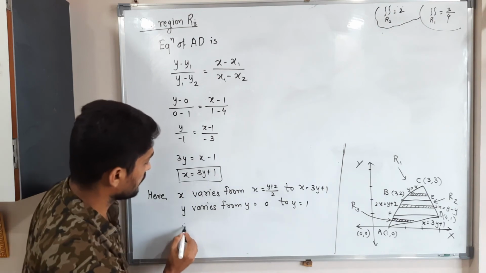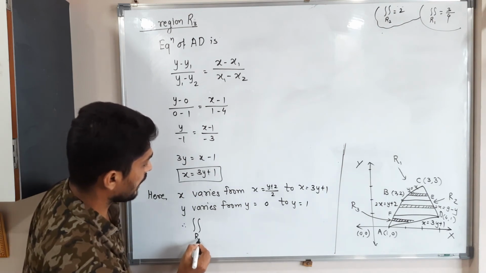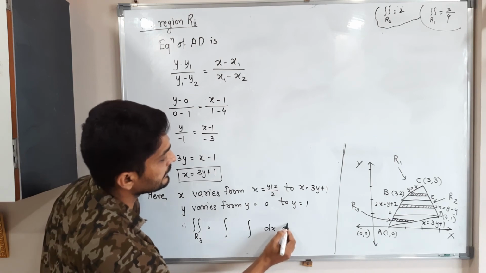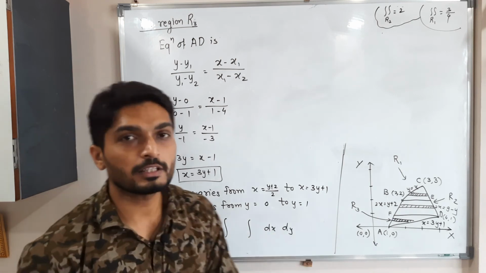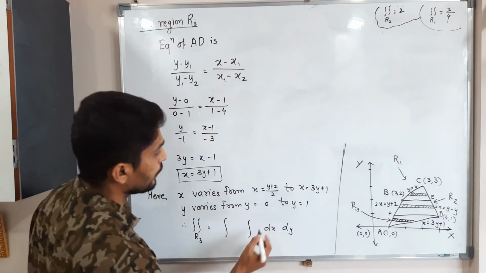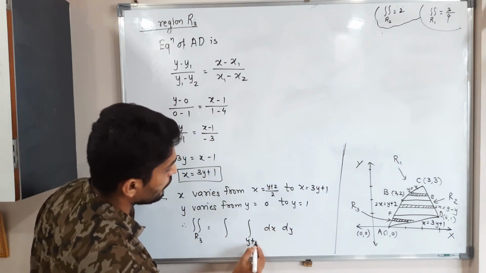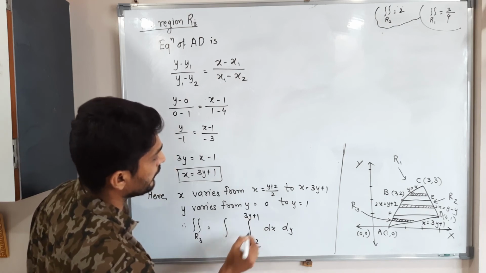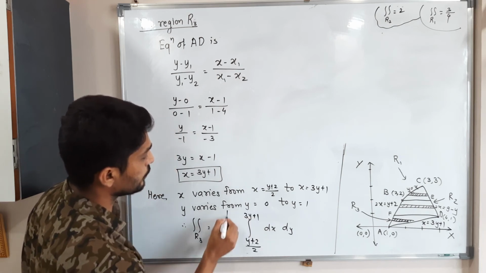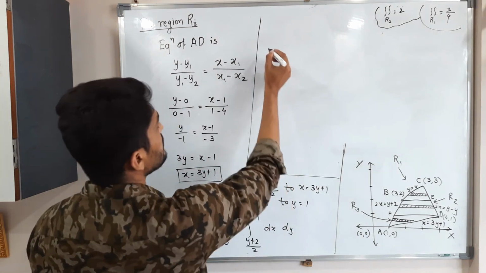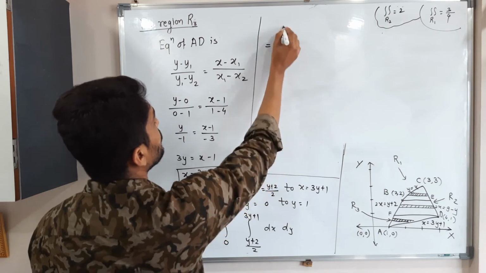Therefore the double integration over R3 is equal to the double integration of dx dy. Since our strip is parallel to the x-axis, I will write dx first and integrate with respect to x first. The limits of x are (y plus 2) by 2 and 3y plus 1, and the limits of y are 0 to 1. So this is equal to the integration from 0 to 1.